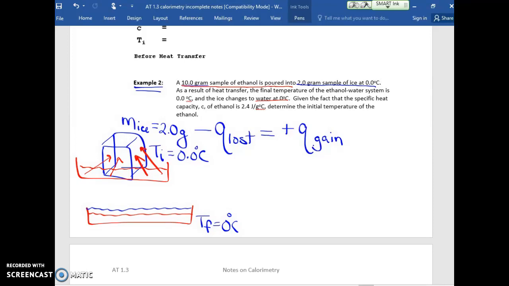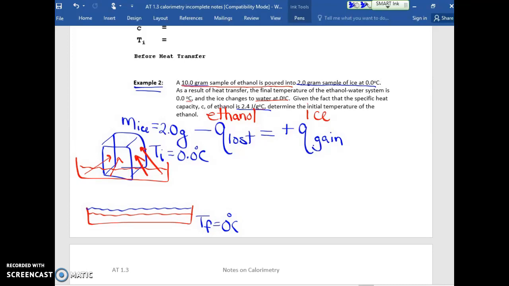Given the fact that the specific heat capacity of ethanol is 2.4, determine the initial temperature of the ethanol. All right. So we know that the ethanol has to be the source of energy. The ice cube is gaining energy.